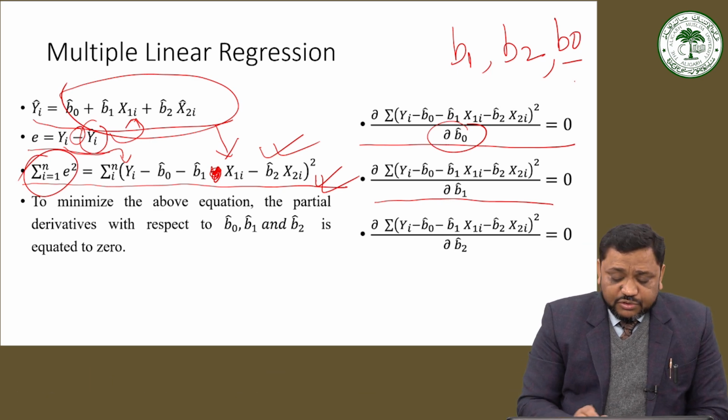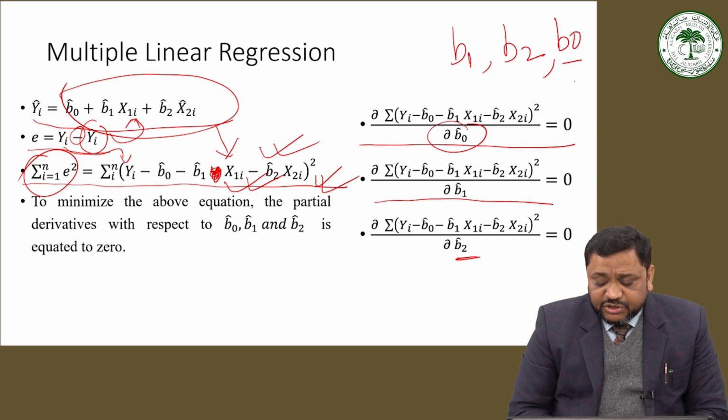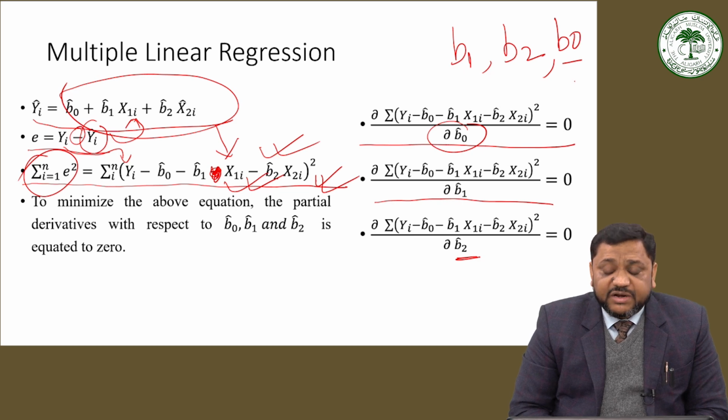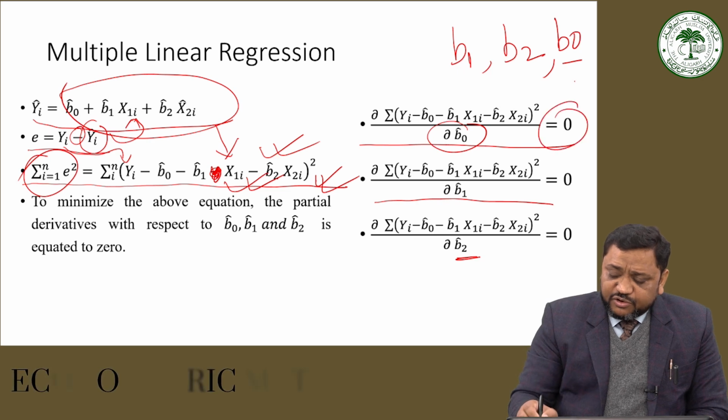Next, we again do the partial derivative of this with respect to beta 2 hat, so we get ∂ summation (yi minus b0 hat minus b1 hat x1i minus b2 hat x2i) the whole square divided by ∂ beta naught, and all these we equate to 0.